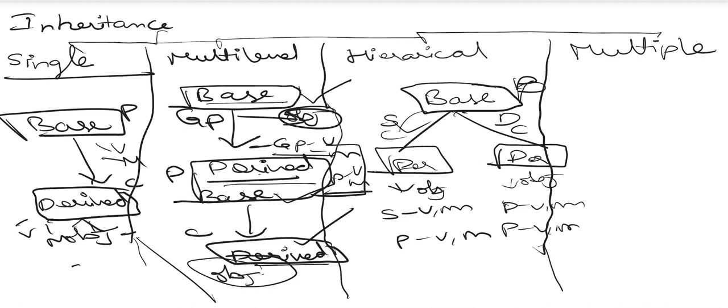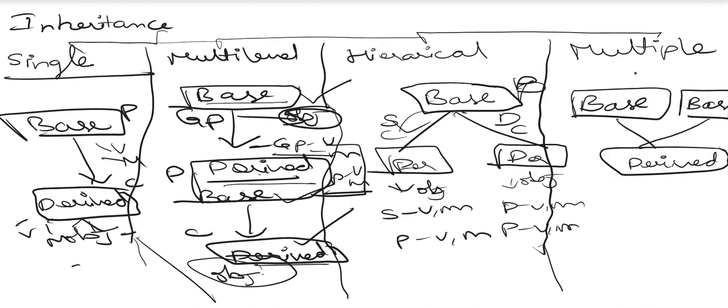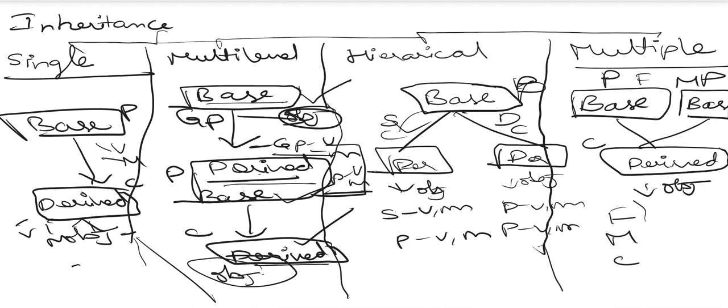Then next, multiple inheritance. What is multiple inheritance? We have two parents, like father and mother, two parent classes, and one child class. If we create an object for the child, we can access the father's variables and methods, the mother's variables and methods, and the child's.